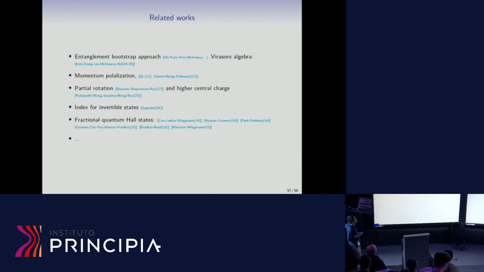So this goes slightly back, but there are many works along these directions. And then the central charge, gravitational anomalies, and geometrical response have been developing into a very rich field. Okay, so that's almost the end of my slides.